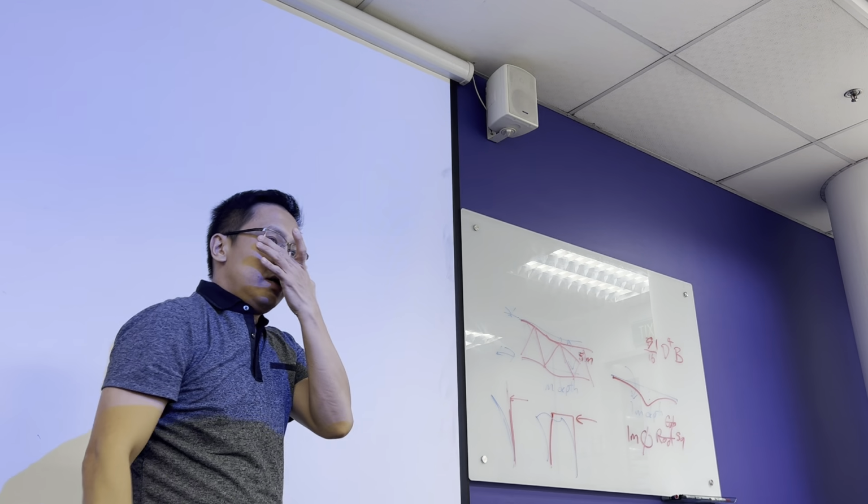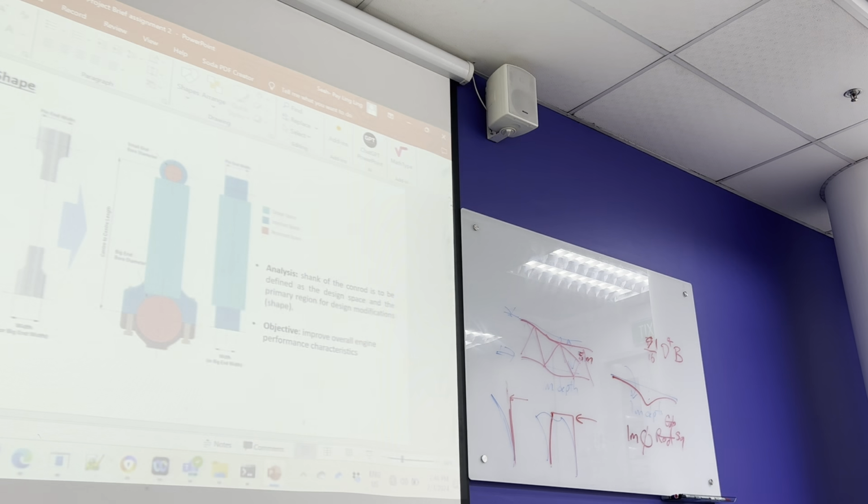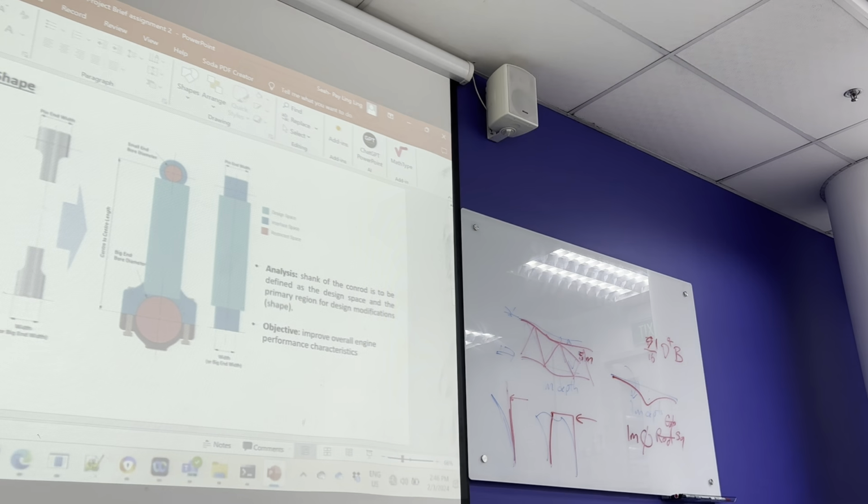So example, now we're doing the con rod, right? Wait, let me continue first. Just now we said, if I want to do it as a single member, I can. It's exactly like this.